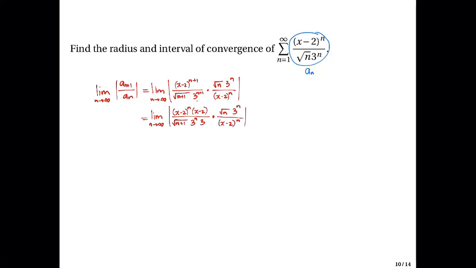From here, we clearly see that we can cancel x minus 2 to the n. We can also cancel 3 to the n. Therefore, we will be left with the following expression. First, x minus 2 here does not depend on n, so we can bring it out. Also this 3 here. So we will have absolute value of x minus 2 over 3 times the limit as n approaches plus infinity of square root of n over square root of n plus 1.